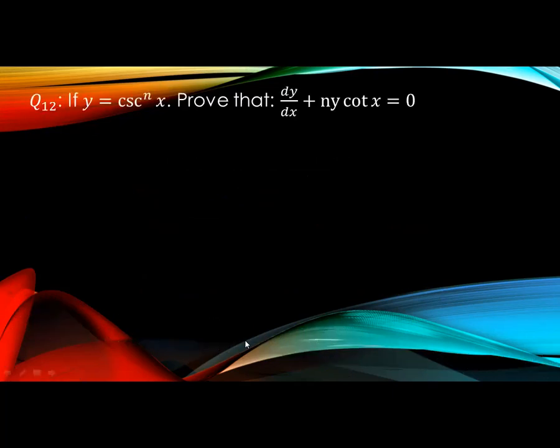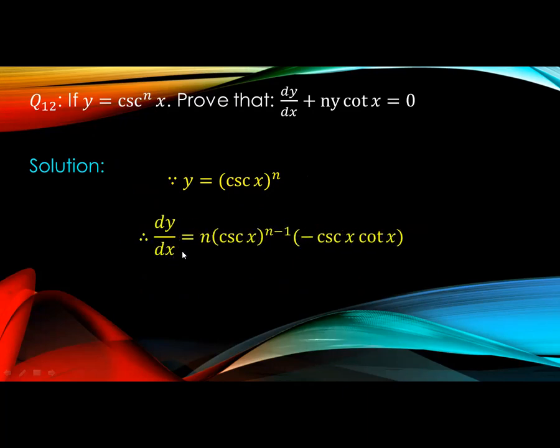Last exercise. If y equals cosec power n x, prove that dy by dx plus n y cotan x equals 0. Solution. y equals cosec x all to the power n. It is a function raised to the power n.